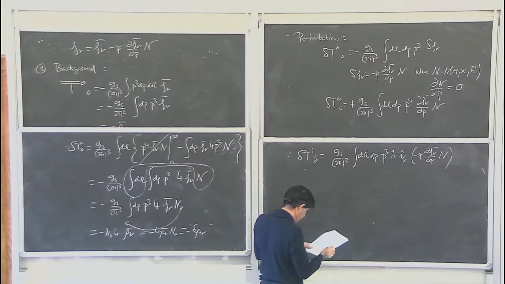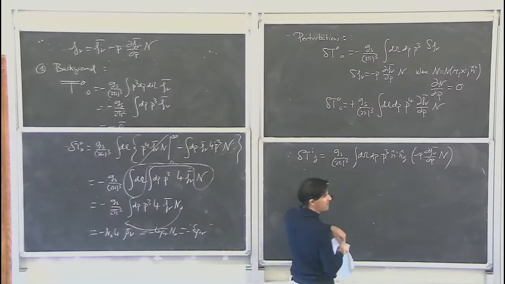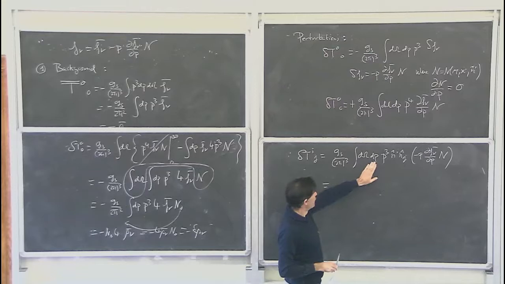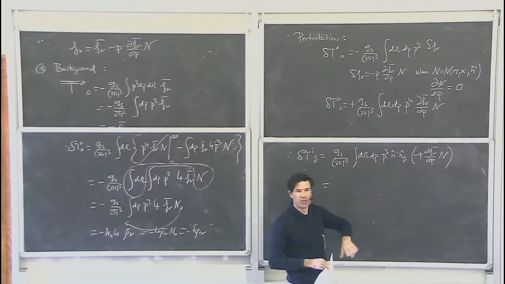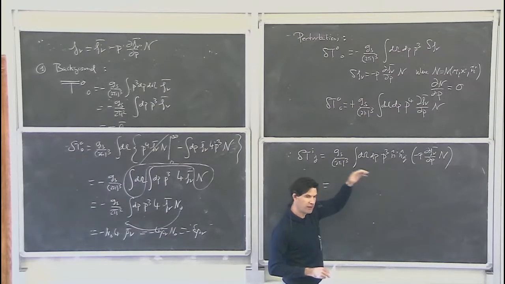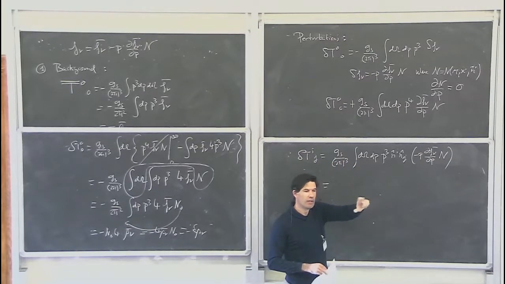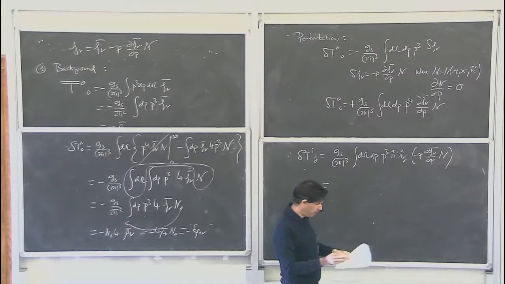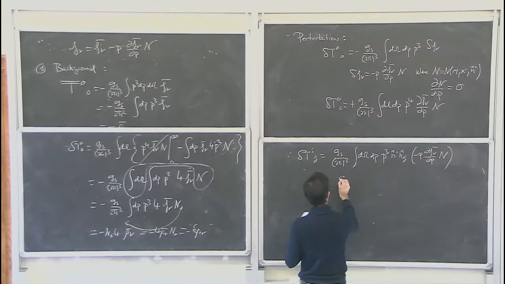So let me see if I did already some simplifications here. Yeah, the first steps are the same. I start first of all with the integral over the momenta. Again, integration by parts: I kill the boundary term, I get a minus sign, and then I only need to take the derivative of the p to the 4. So I get a 4p cubed, so basically at this stage you are here.